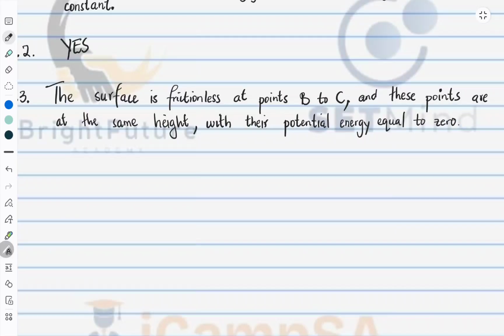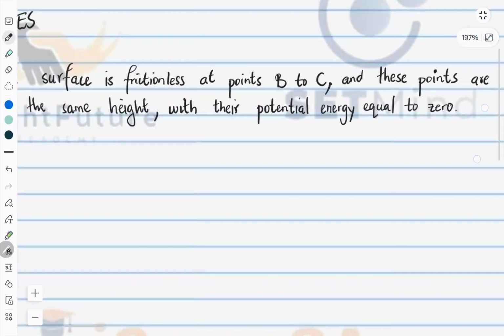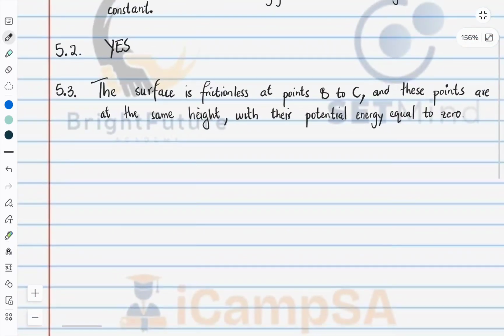I'm making the explanation a bit longer so that you can sort of take notes, but the gist of it is that the surface is frictionless. Yes, I probably didn't need to add that. And these points are at the same height with their potential energy equal to 0. So since mechanical energy must be conserved, their kinetic energy will thus be equal.